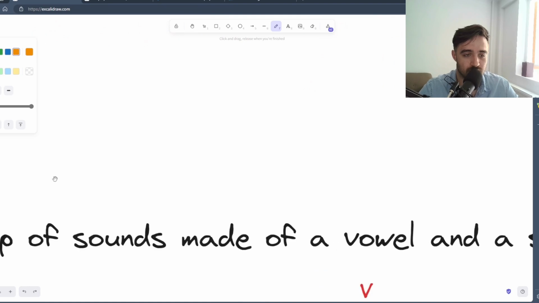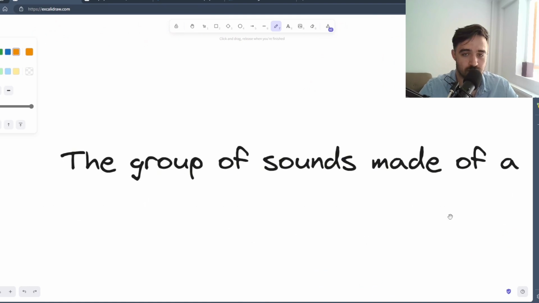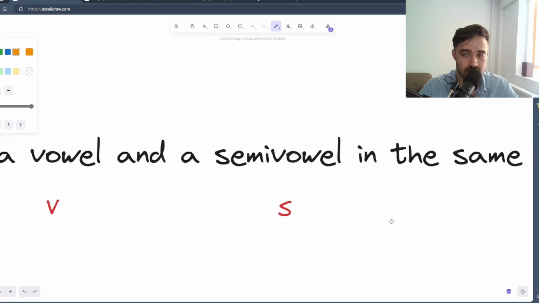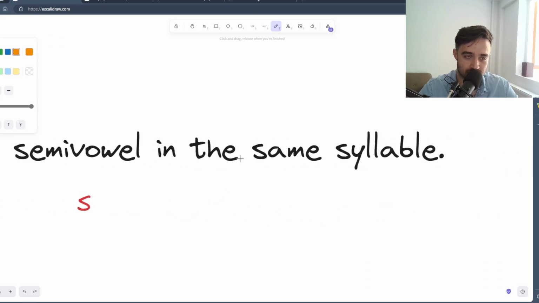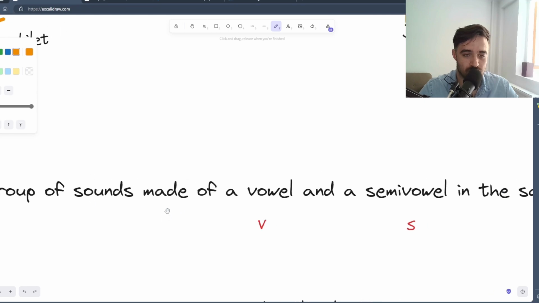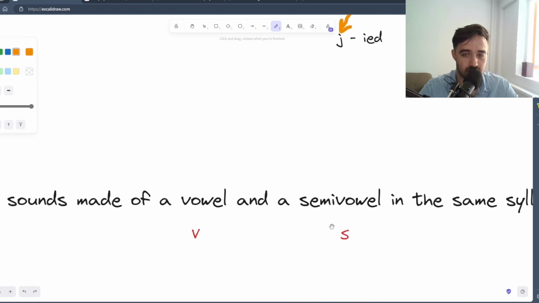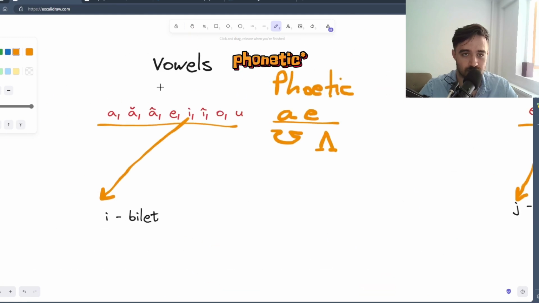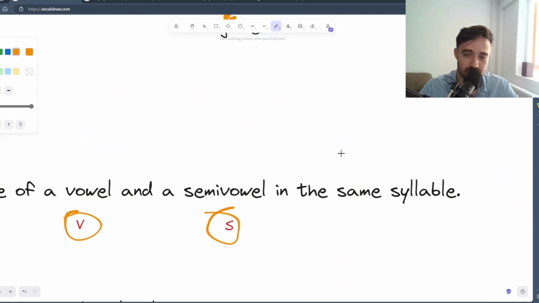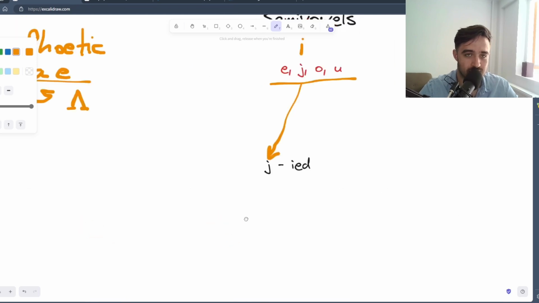A diphthong is a group of sounds made of a vowel and a semivowel in the same syllable. So basically they have to be in the same syllable.